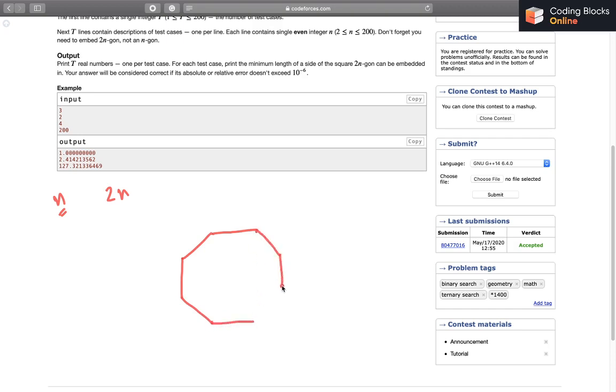Now here what I have is two horizontal sides and two vertical sides, and 2n minus 4 sides are embedded between the adjacent pairs of the vertical and horizontal sides. So between this side and this side, we'll have (2n minus 4) by 4 sides. We know that 2n minus 4 is also going to be a multiple of 4, right?